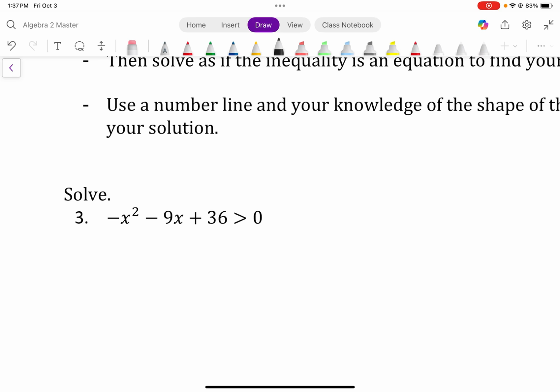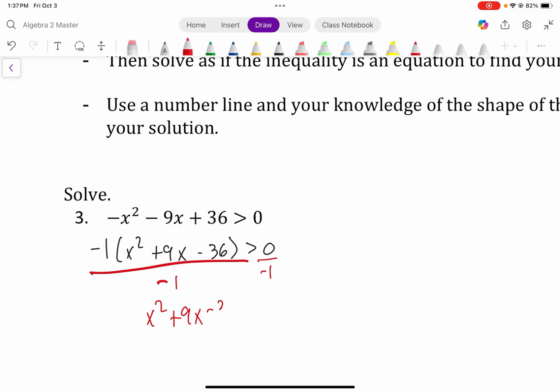I'm going to start by factoring out a -1. We already had everything on one side of the inequality symbol, which was nice, but that negative just makes it kind of messy. Notice I factored out a -1. I did not divide by -1. If you were to divide by -1, you'd end up with x squared plus 9x minus 36 is less than 0, because when you multiply or divide by a negative, you flip the sign around.